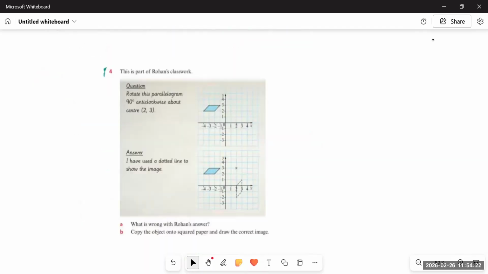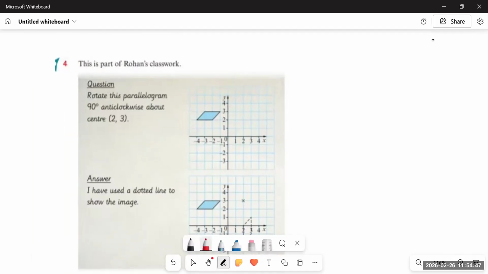Now let's move to the next question. The next question says, this is part of Rohan's classwork, as you can see. The question is, rotate this parallelogram 90-degree clockwise about center 2, comma 3.